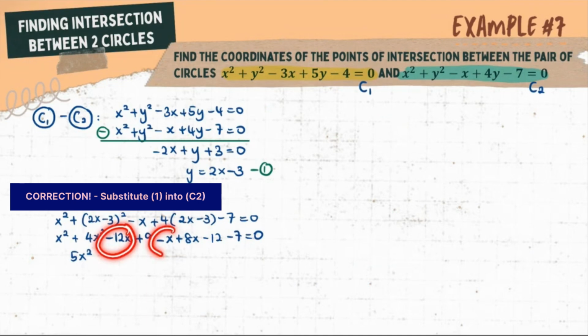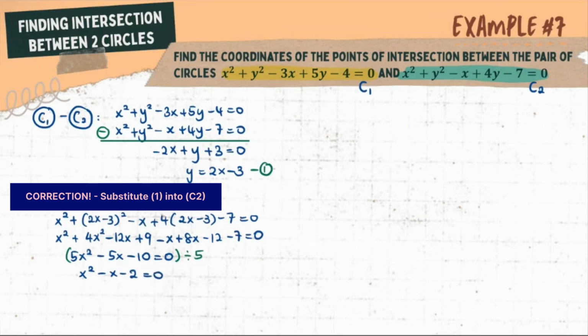Negative 12 minus 1 is negative 13, plus 8, we have negative 5x. And 9 minus 12 is negative 3, so negative 3 minus 7 gives negative 10 equals 0. And this can be simplified by dividing the whole equation by 5. So I have x squared minus x minus 2 equals 0.